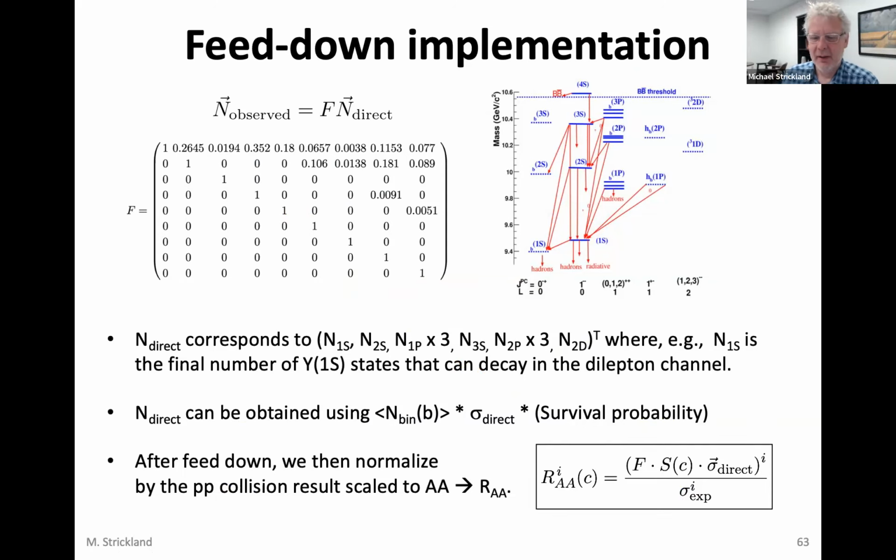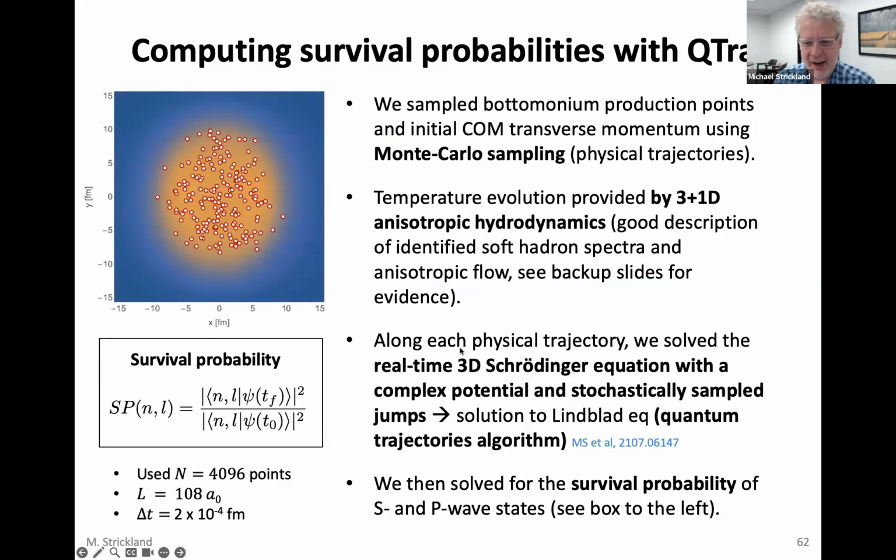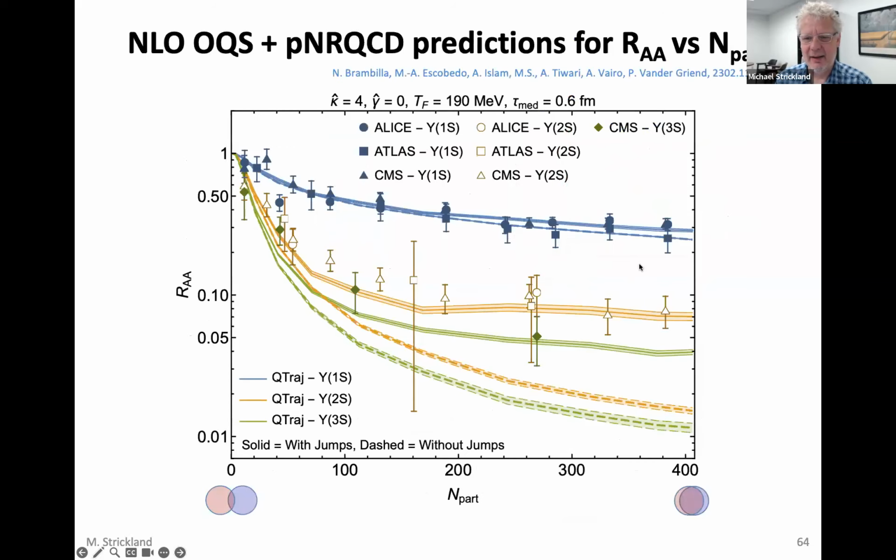All right. So long-winded story of how we actually do this. There's hydro, shooting things through the hydro, thousands of machines working in unison in order to calculate along each of these physical trajectories the survival probabilities, and then we can compare to the data.